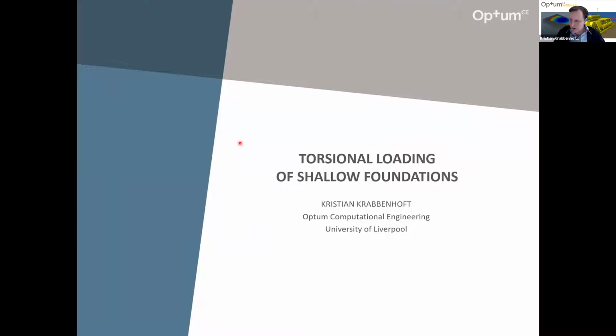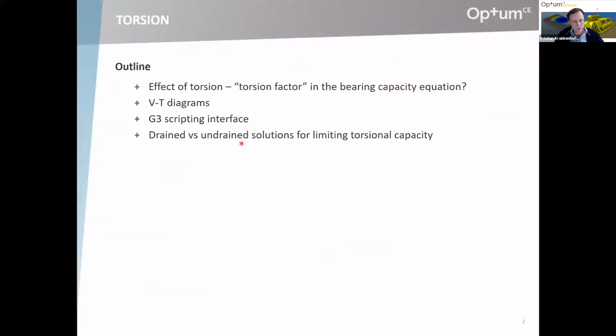There's usually not any torsional loading, but for various other types of foundations and structures, it is definitely relevant and maybe in some cases even important or critical. But it's not really a mainstream thing. It's not something you find in the standard codes or textbooks and so on. So that of course makes it also interesting.